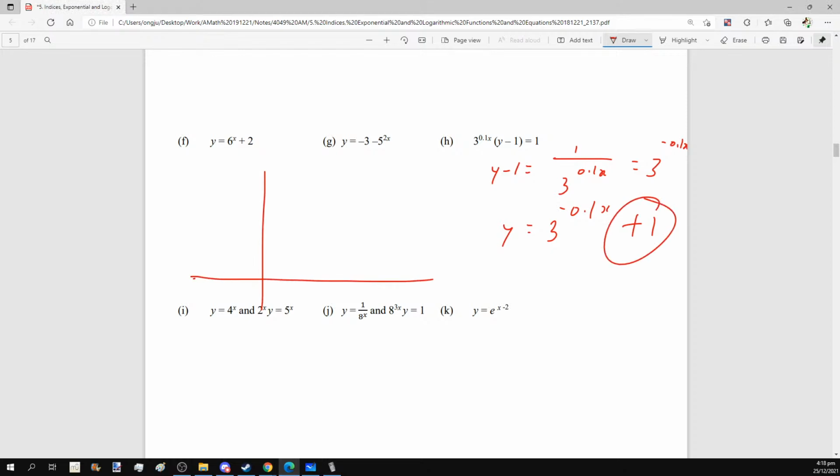There's also a plus 1 externally. So if there's an external plus 1, we can expect to be floating above the asymptote y equals to 1. So from here, we will be decreasing normally. So let us draw the exponential, label the y-intercept, label the graph.